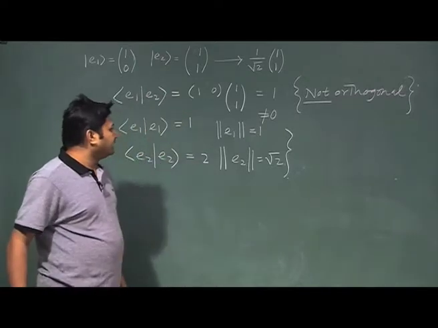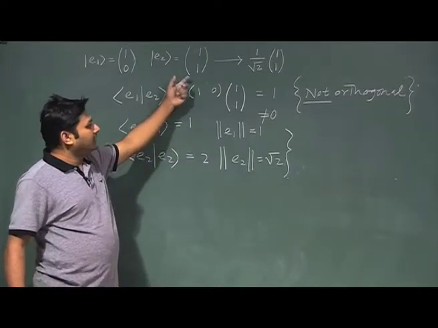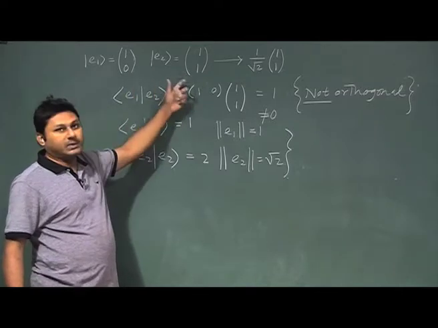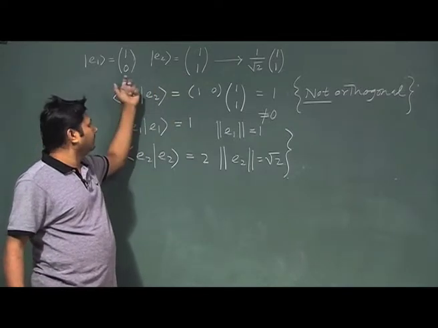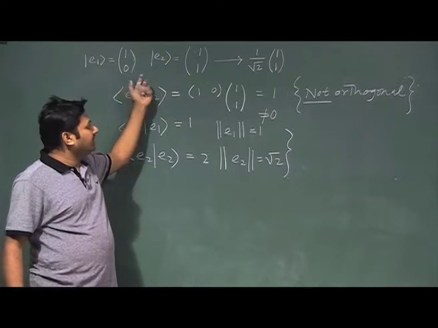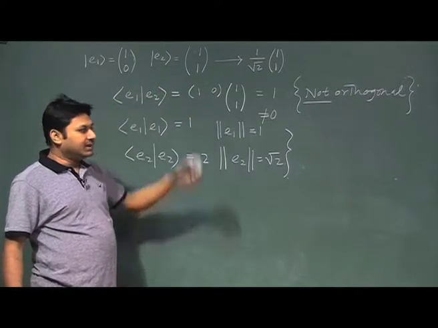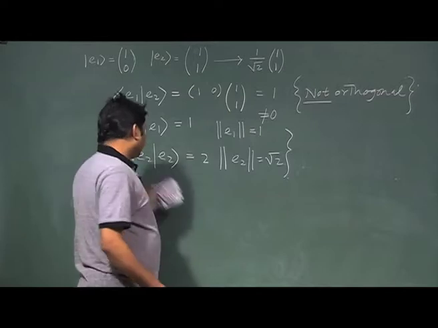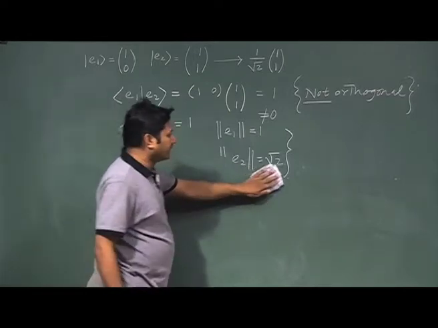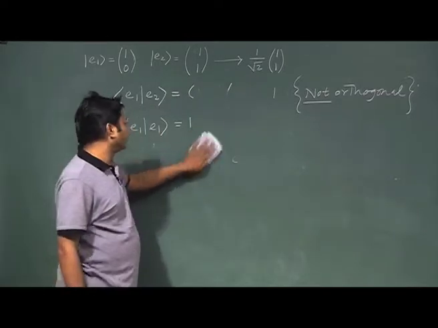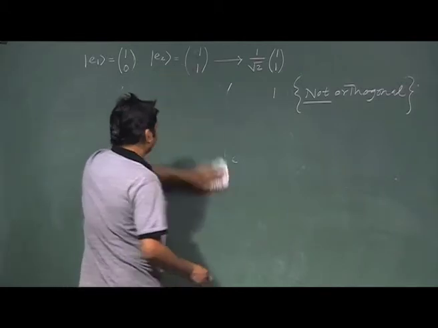But the important point is that even though they are not orthogonal and not both normalized, in general you can expand a vector in these two linearly independent vectors. But there is some problem, because it is very difficult to find the coefficients. That is a different issue, we will come to that later.